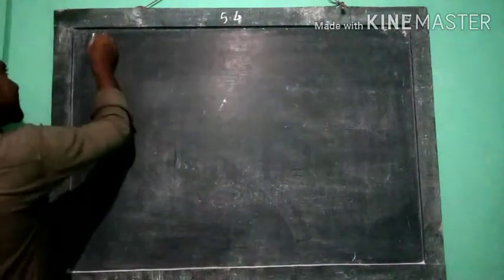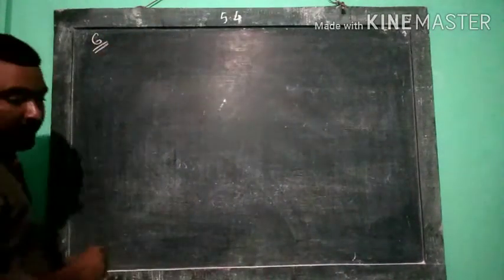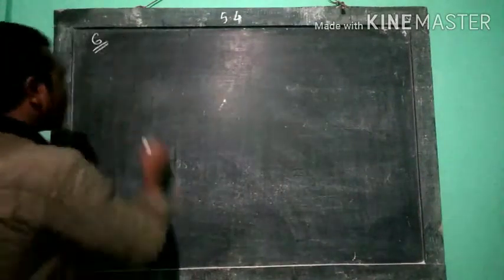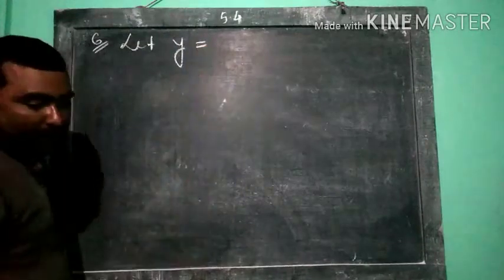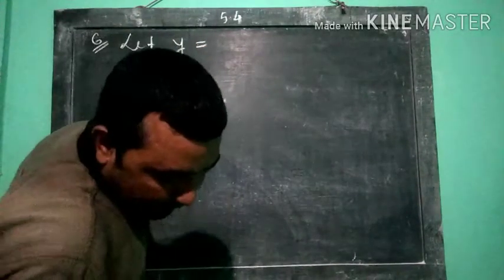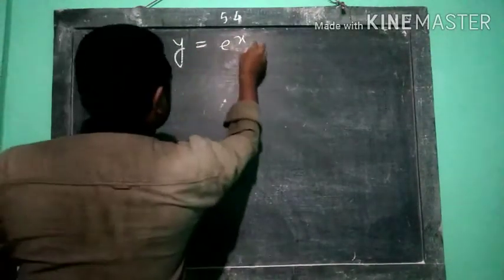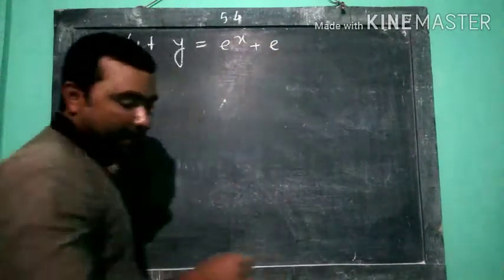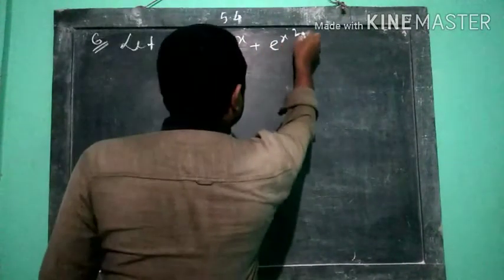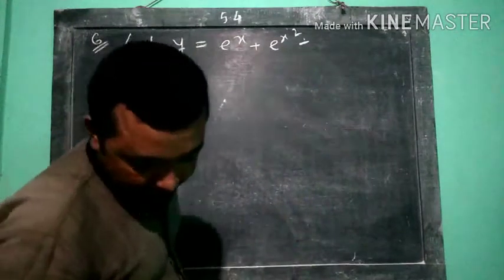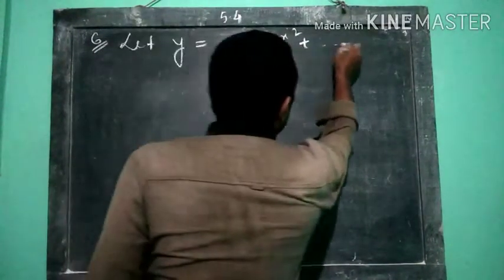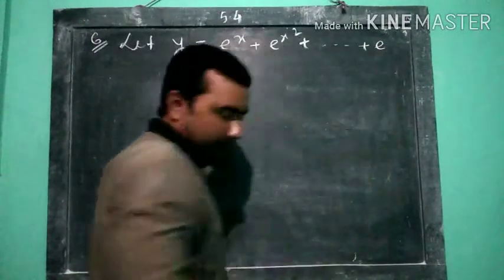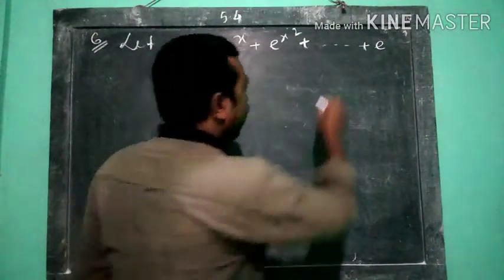Now we are going to solve question number 6. Question number 6 is a very simple problem. Let y equal e to the power x plus e to the power x square plus up to e to the power x to the power 5.